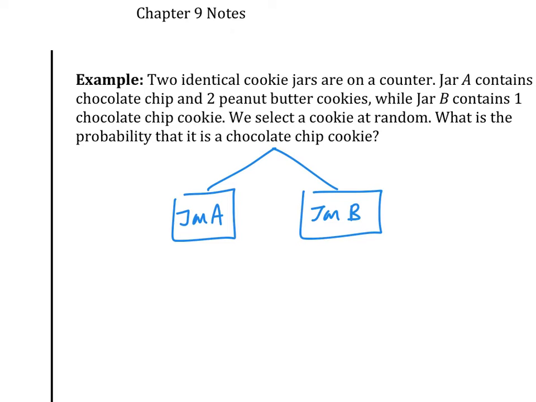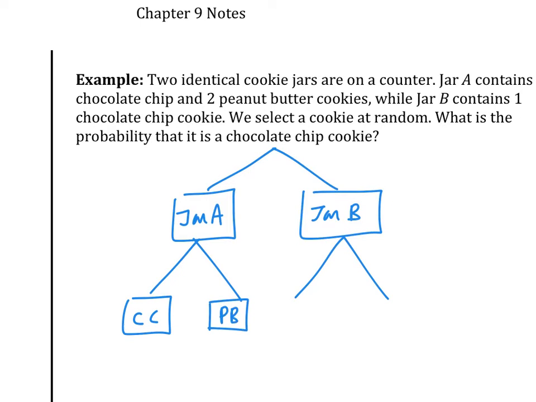I'll draw my tree diagram very symmetrical so that it's a little bit easier. All right. So at the very beginning, they tell me that the two cookie jars are identical.